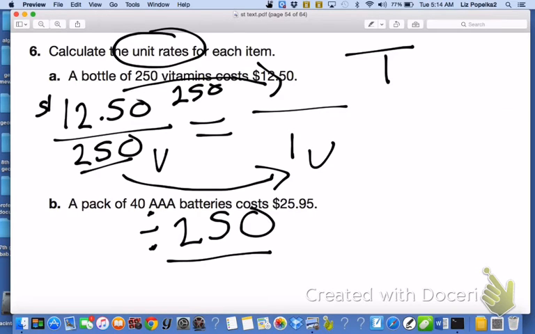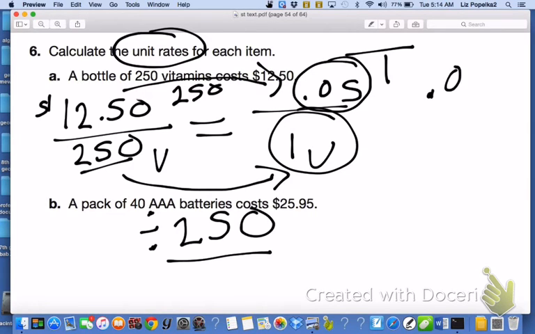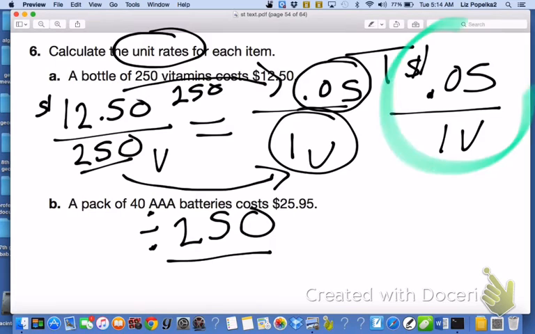Okay, so when I do that, I get 5 cents, 0.05. So that means it costs me 5 cents for 1 vitamin. So the unit rate is 5 cents per 1 vitamin. So that is my unit rate. Again, I don't care how much 250 vitamins are. I care how much 1 vitamin is.